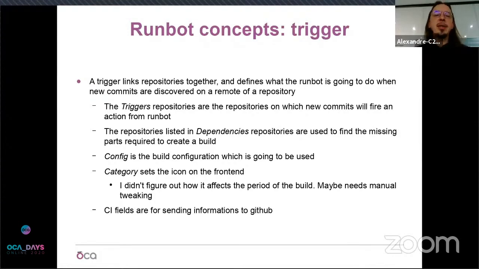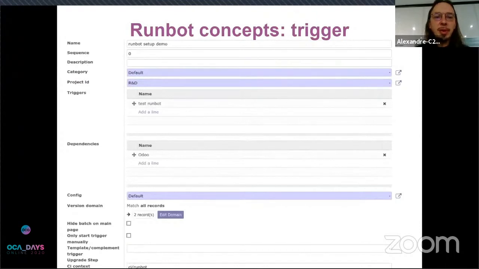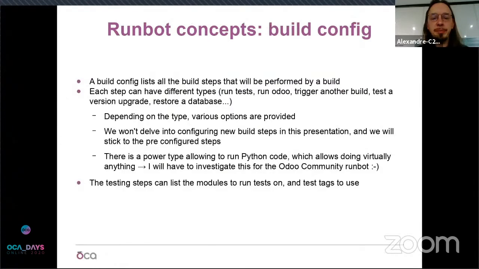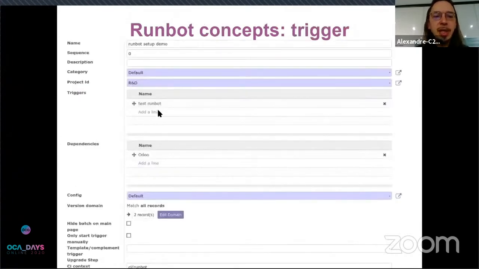In a trigger, you have two sets of repositories. You have the trigger repositories, can't click here, and you have the dependencies.